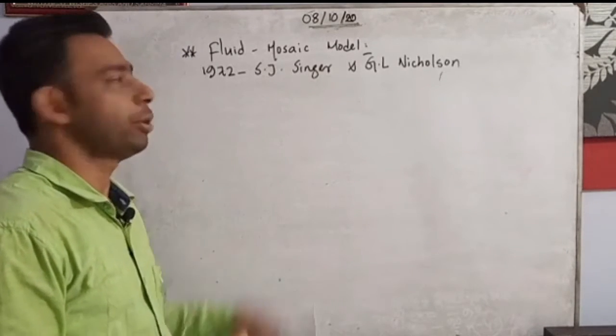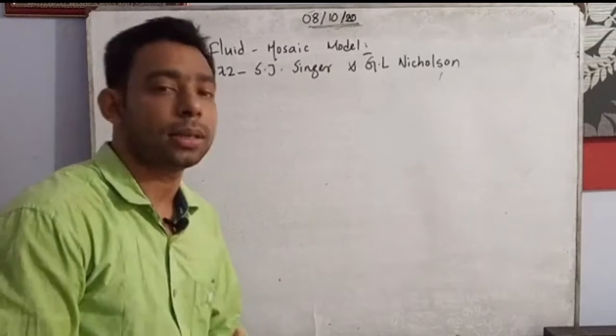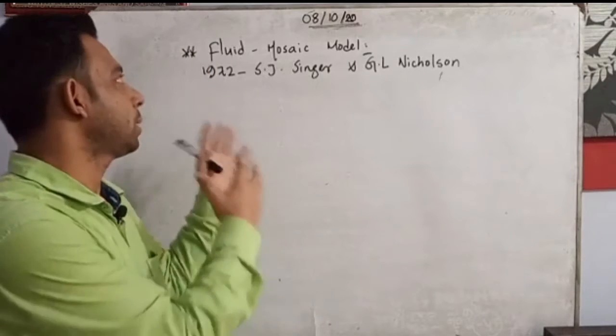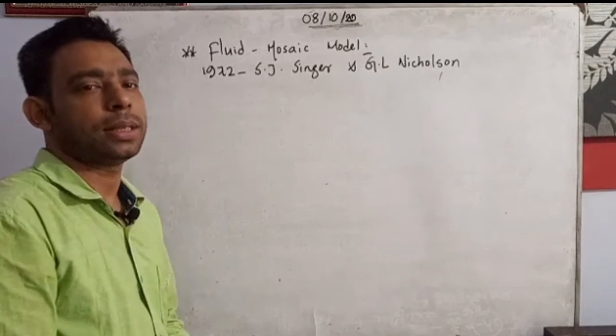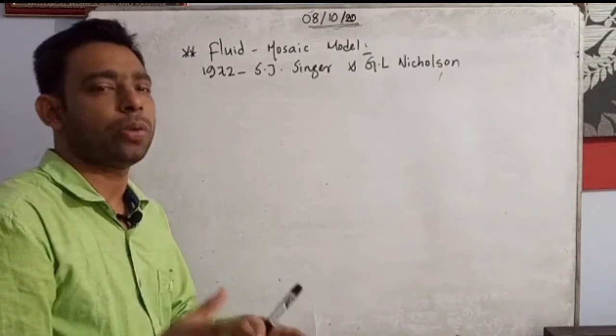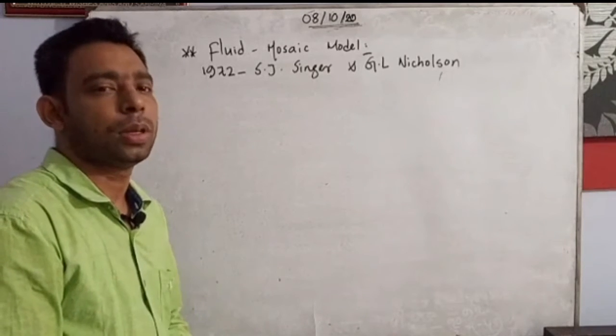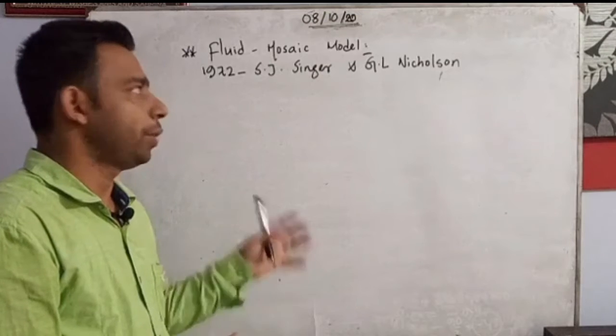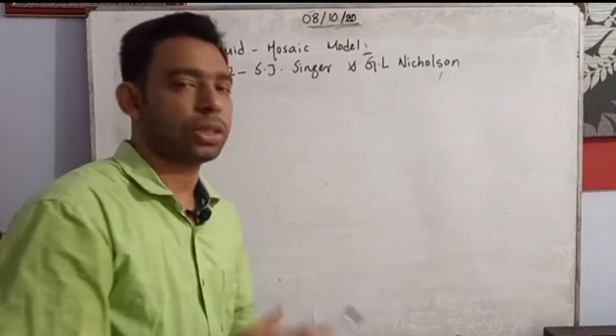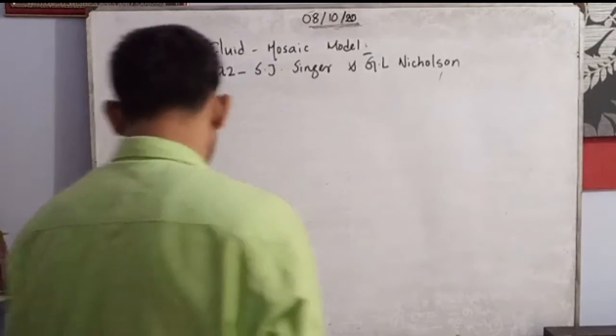In 1972, they gave the acceptable fluid mosaic model, that is very important for you in any types of term exam or public exam also. Very important model. We will try to understand this one by drawing the figure.